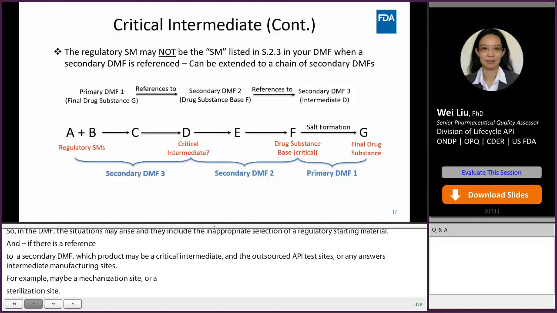If it is considered critical, its manufacture facility in DMF number 3 will be subjected to evaluation. Here I would like to clarify, whether the complete manufacture process from A to G is included in one DMF, or separated into several DMFs as primary and secondary, would not affect the decision whether intermediate D is critical or not.